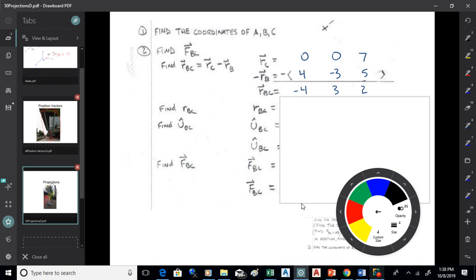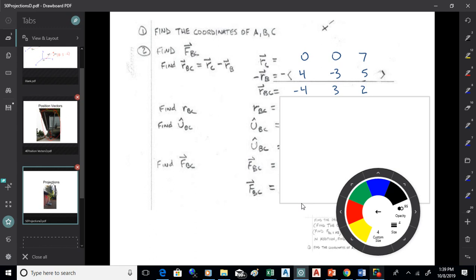On the unit vector, you want 3. Positive 3 is 0 minus negative 3.